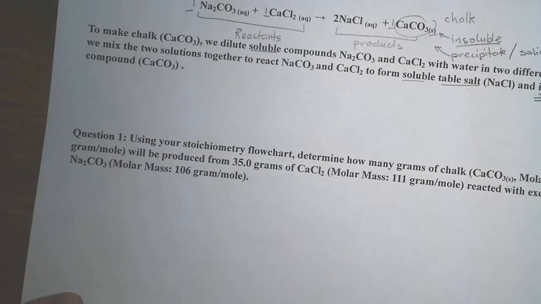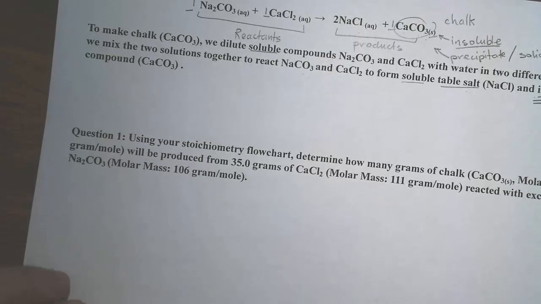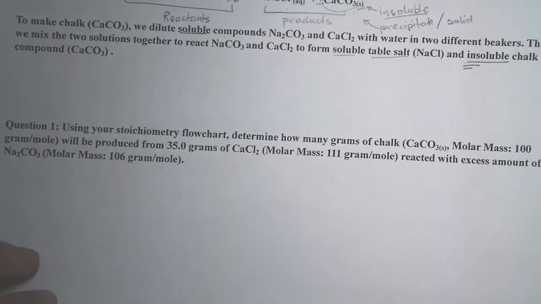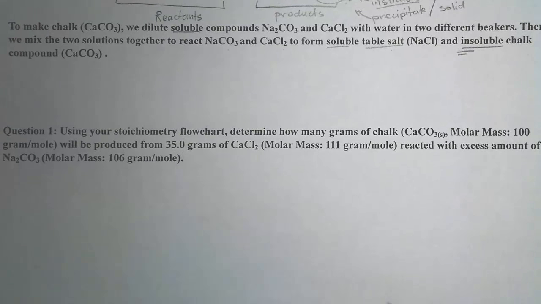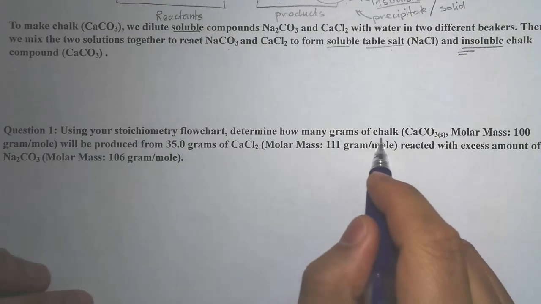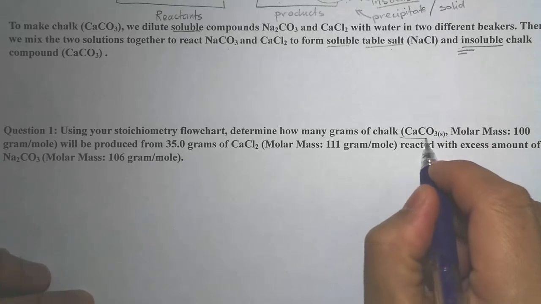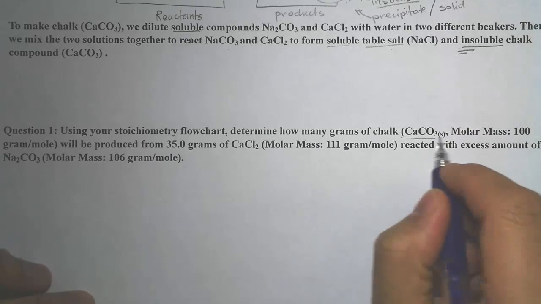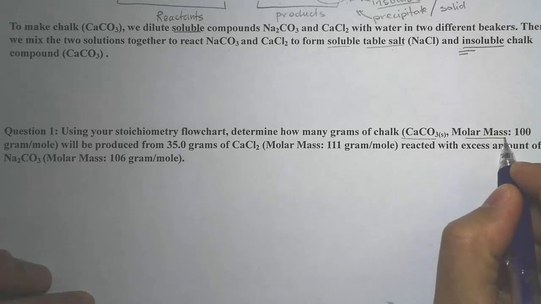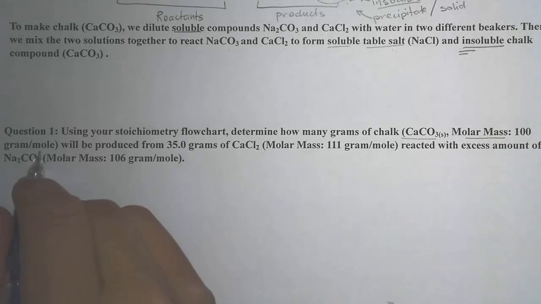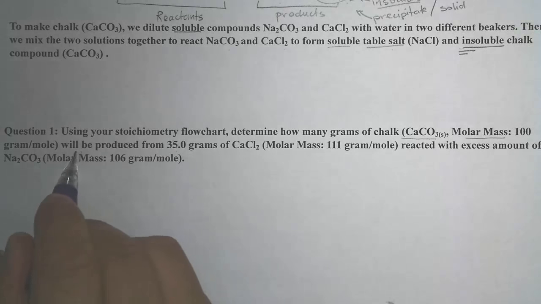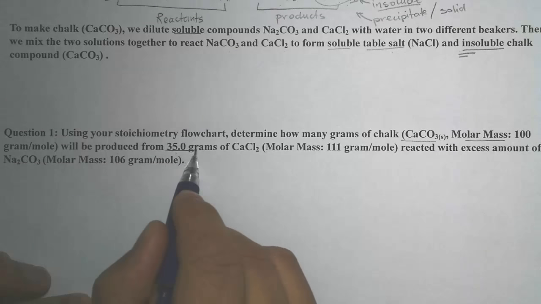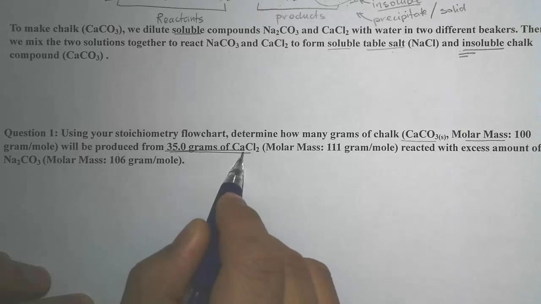Now let's solve this problem, and how does that relate to the stoichiometry flowchart? So we look at this question right here. Using your stoichiometry flowchart, which is this one right here, okay? Determine how many grams of chalk, which is represented by calcium carbonate, this chemical here, and of course we are given the molar mass of 100 grams per mole, will be produced from 35 grams of calcium chloride.